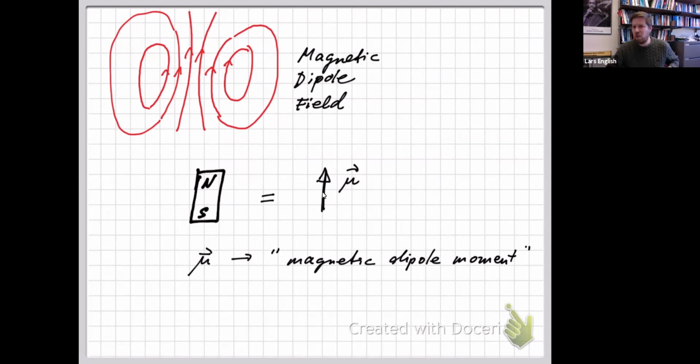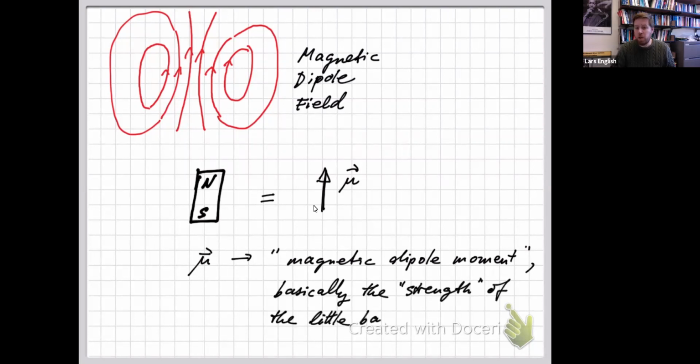And of course you can rotate the mu, and then the field lines would all rotate with it. For the purpose of this lecture, we don't have to give the complicated mathematical formula, but suffice to say that if I have a mu like this, then I could calculate the magnetic field everywhere in space. The mu you can also think of as the strength of the little bar magnet.